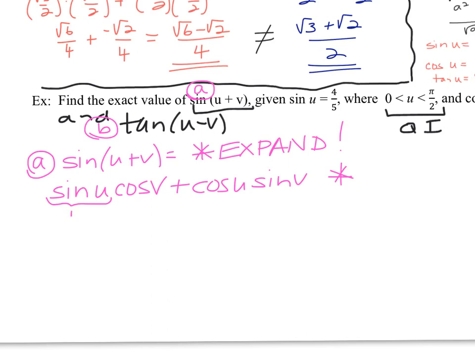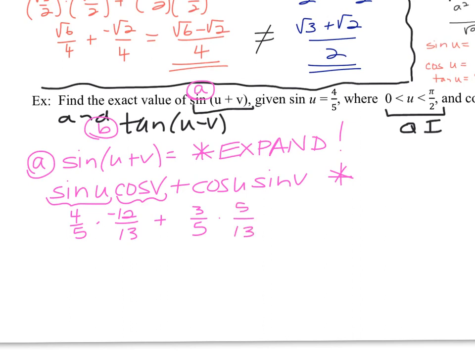That makes it positive 4/5 times cosine v, that negative 12/13. So notice in this row, the trig term goes away when we evaluate the definition. Cosine u, well, if we go back up to our u triangle, cosine u is positive 3/5. Sine v is positive 5/13.